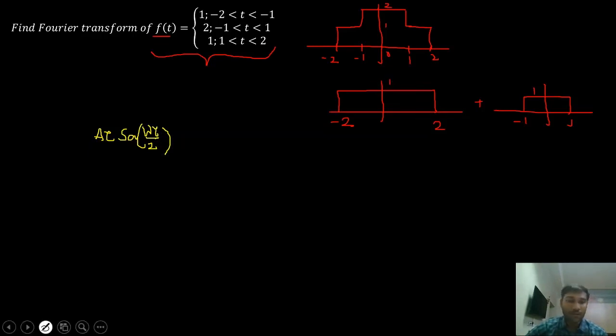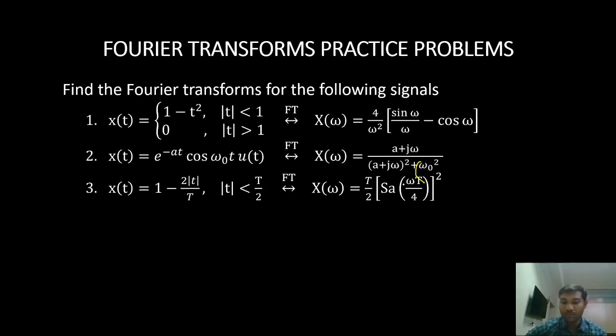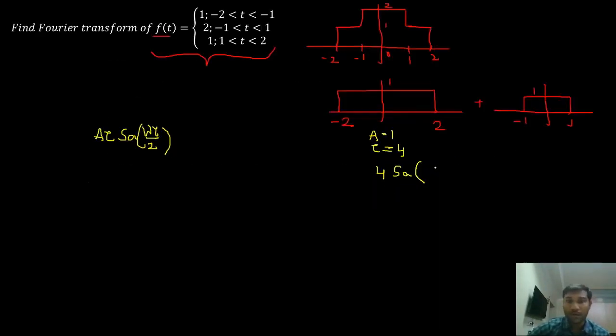For this first signal, what is A? A is 1 and tau is equal to 4, right? So it's going to be 4 sampling of omega tau by 2, that is 4 by 2, so 4 sampling in 2 omega.